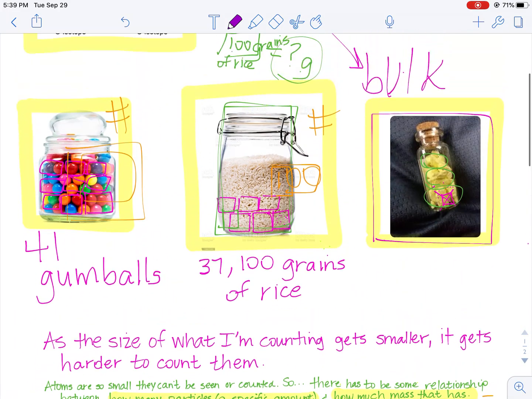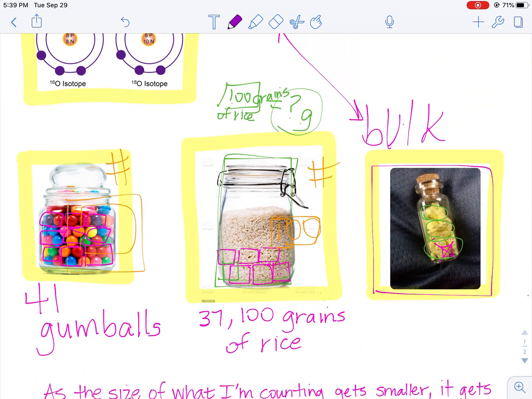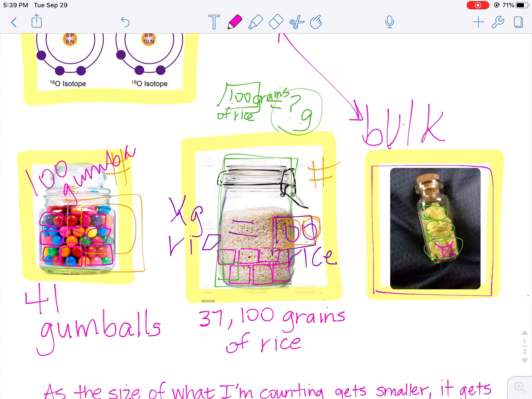Let me go back to what we were talking about before with rice and gumballs, because when I use words that you're familiar with every day, it's going to make more sense. So when I took the 100 grains of rice, and that gave me X grams of rice, and I took 100 gumballs, and that gave me Y grams of gumballs.